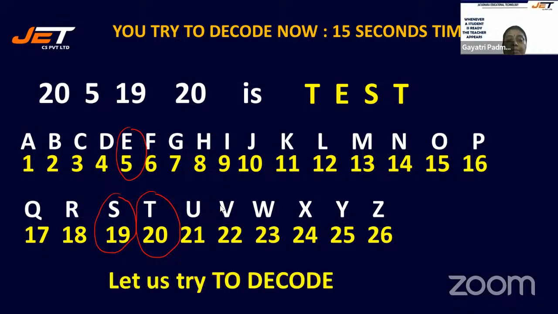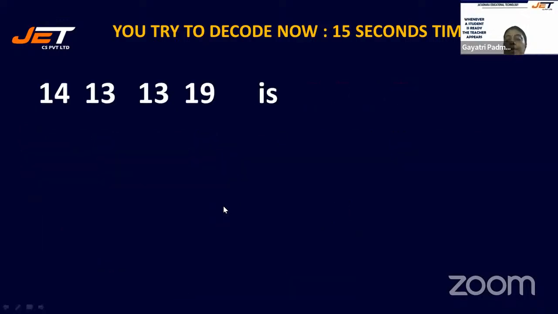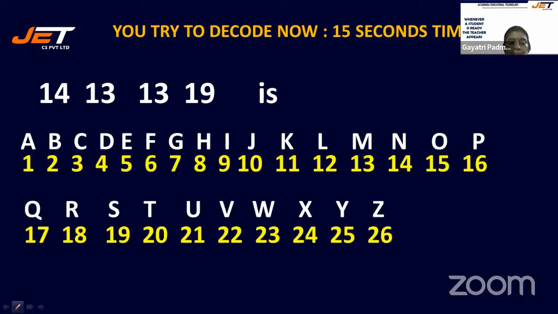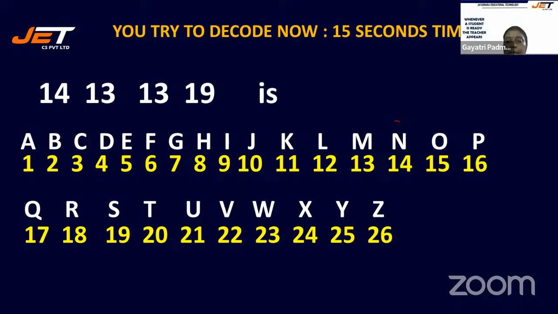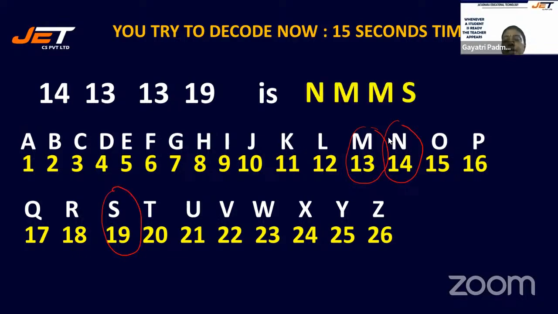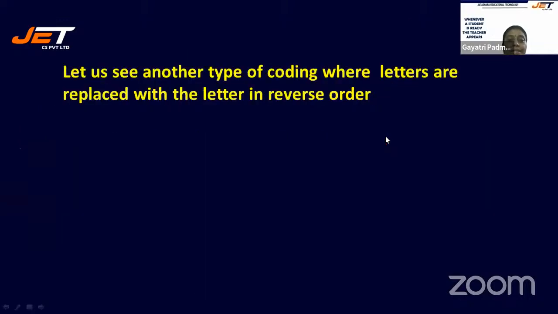Let us again try another decoding one. We have 14, 13, 13, and 19. Now, how do we decode it? So 14 comes under N, 13 comes under M, again 13 comes under M, and 19 comes under S. So it is NMMS.